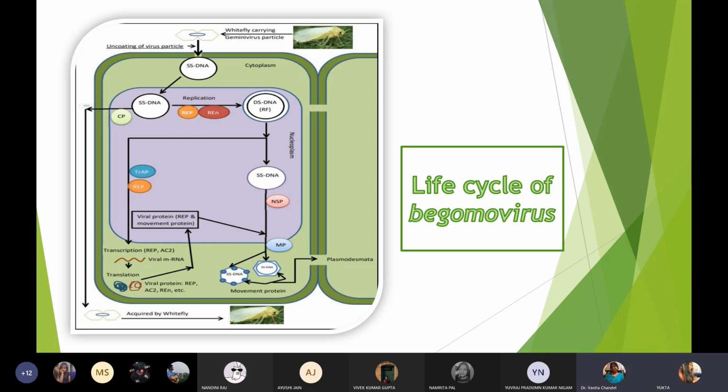And AC3, I read somewhere that it is also used for replication, and it has another function in host gene silencing, I guess. So these are basically the viral proteins which are encoded by the viruses. These are the different proteins found in the genome of the viruses, and they all have different functions, right? Okay, anything else?